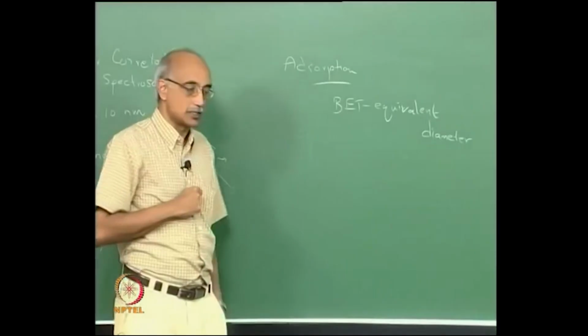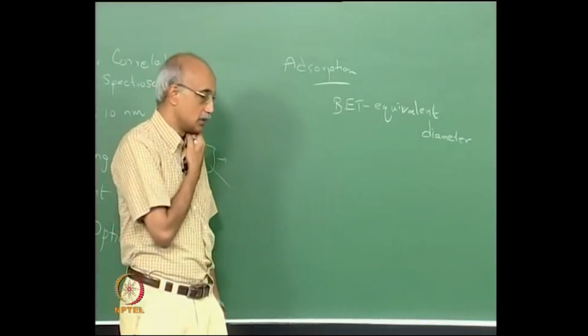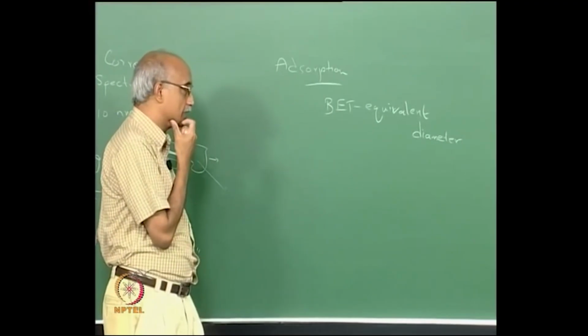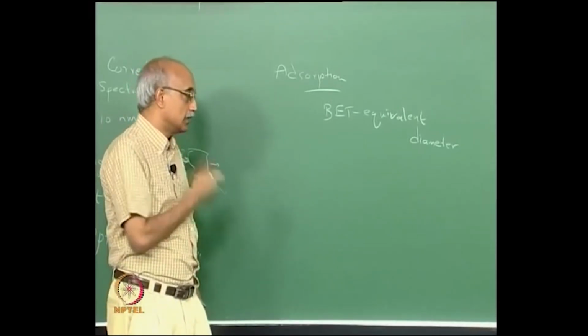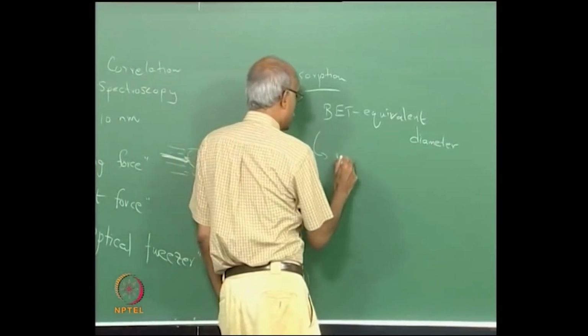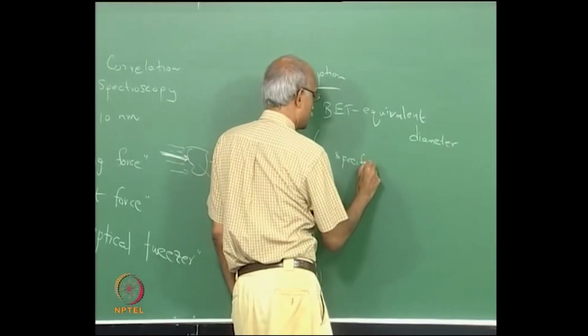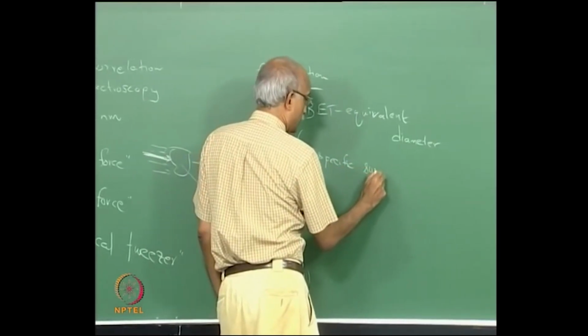And again, we will discuss these aspects in more detail in a later lecture. But the point is the BET equivalent diameter is a representation of specific surface area of the particle, that is surface area per unit volume.